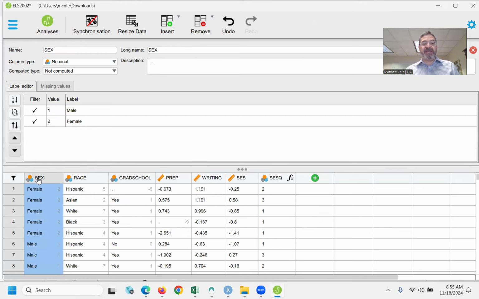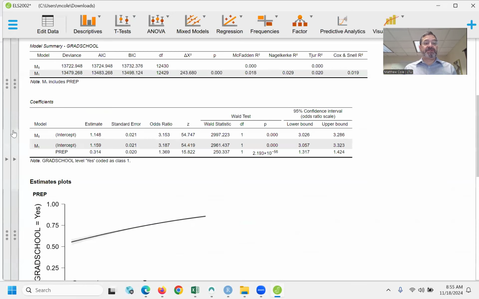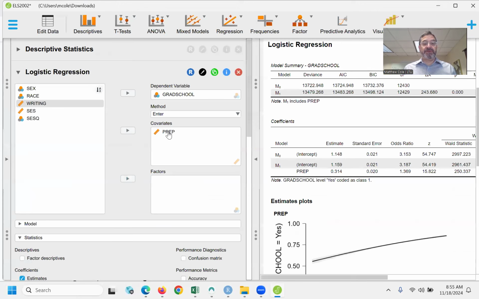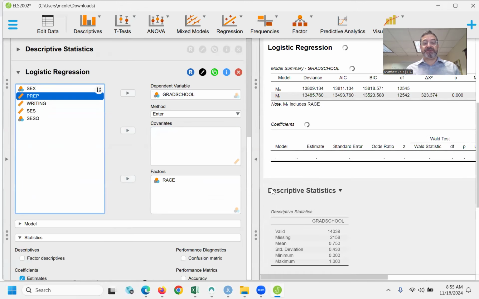That's like when we did sex, the first class was male, so that was the reference class. So we were looking at females relative to males. And in this case, we're going to be looking at whites, Hispanics, and blacks relative to Asians. So the intercept is referring to Asians. So let's do that model, predicting grad school from race.